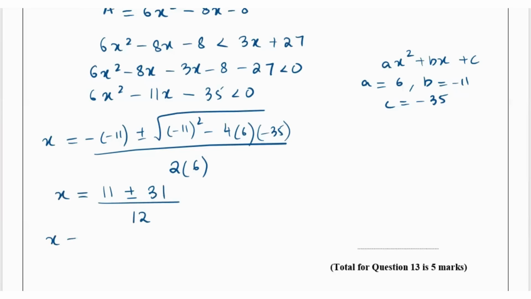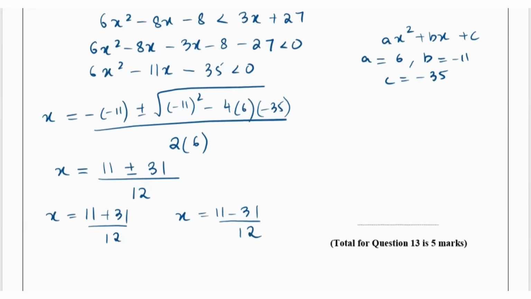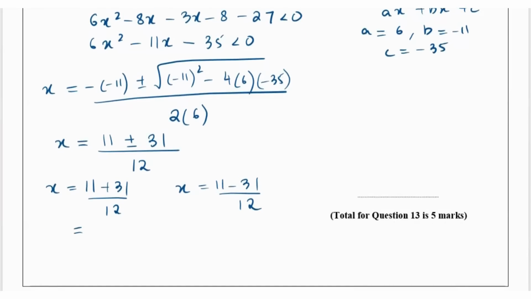Split this into two fractions. In one fraction, it's 11 plus 31 over 12. And in the other, it's 11 minus 31 over 12. So 11 plus 31 over 12 gives us 3.5, but that's going to be 7 over 2. And this one is going to be 11 minus 31, which is negative 20 over 12, which simplifies to negative 5 over 3.